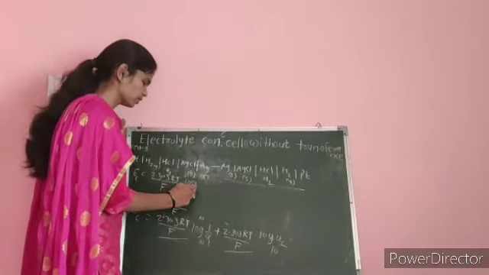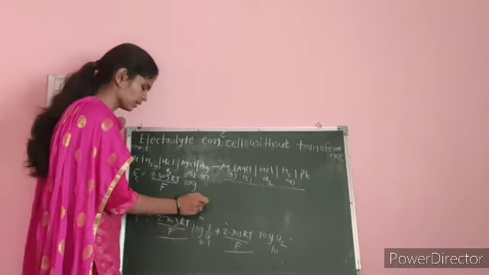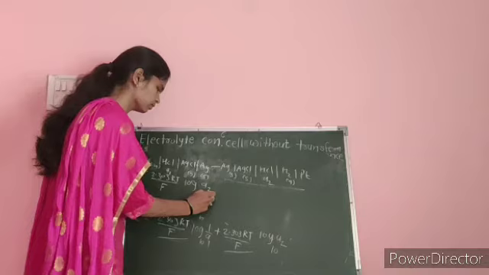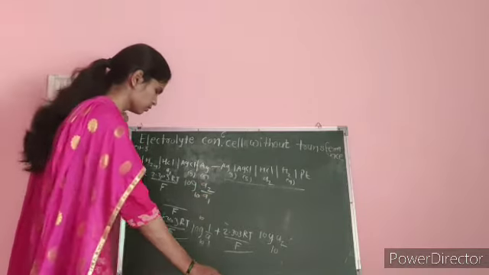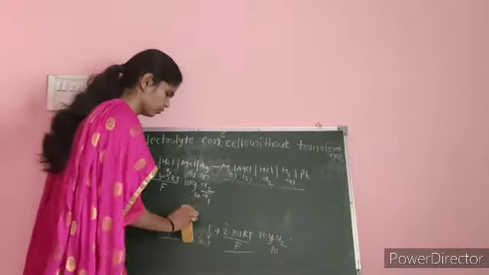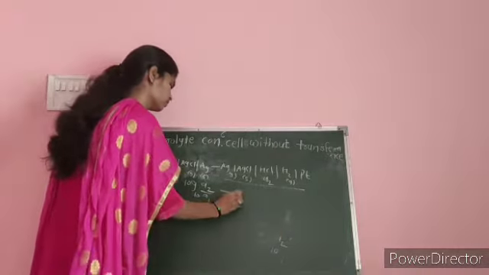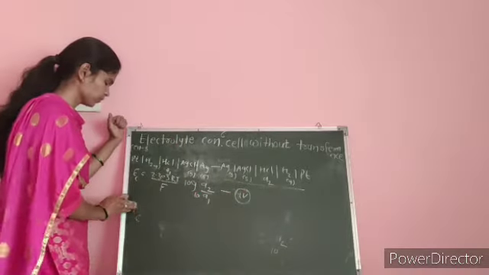Here we all know that the multiplication rule is log of A2 upon A1 to the base 10. This is the fourth equation. This is the equation number 4.